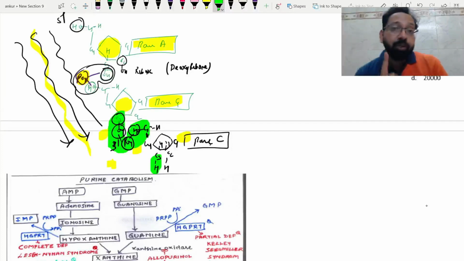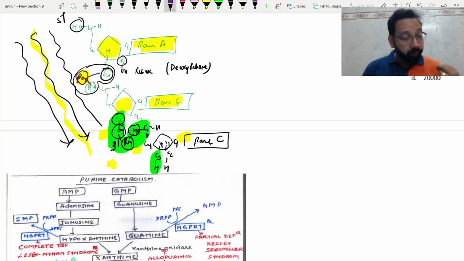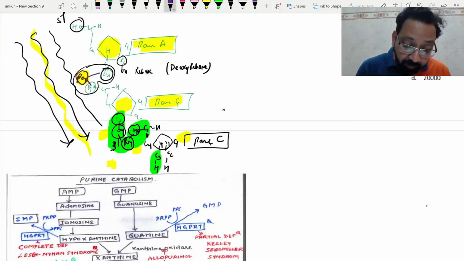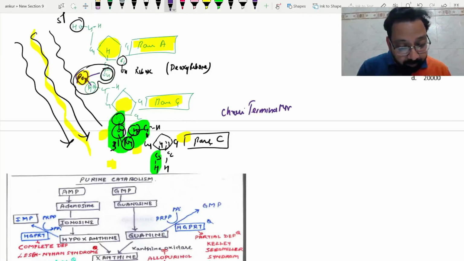Means dideoxynucleotide joins itself but does not allow the next nucleotide to join because there is no OH group at C3 to make a phosphodiester bond. This question was asked. This technique in which dideoxynucleotide is used is called the chain termination method.